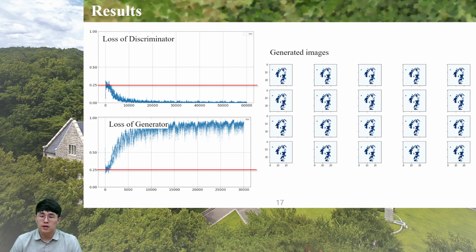However, after that, the discriminator outperforms the generator in terms of training performance, and the loss value approaches 0. This can be interpreted as a failure to train properly.